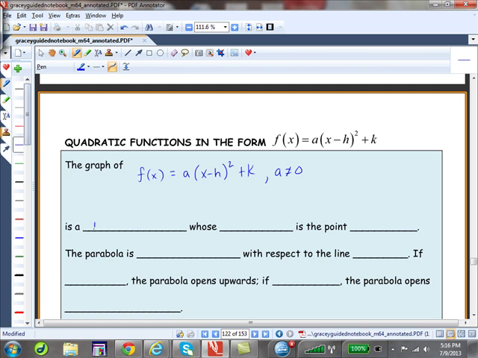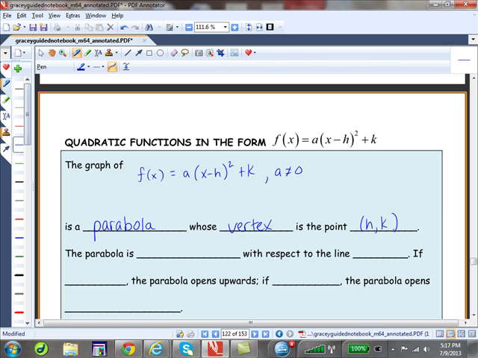So this is a parabola whose vertex is the point h comma k. So h is the x-coordinate of the vertex and k is the y-coordinate of the vertex, and k will represent either the minimum or maximum value depending on if the parabola opens upward or downward.